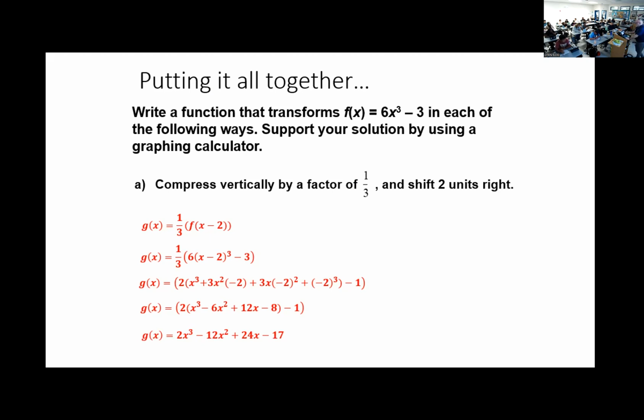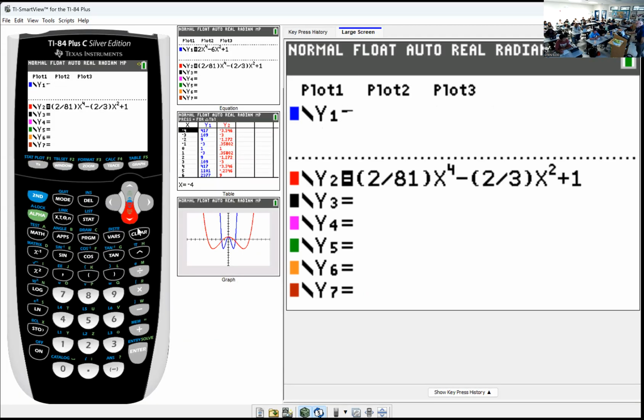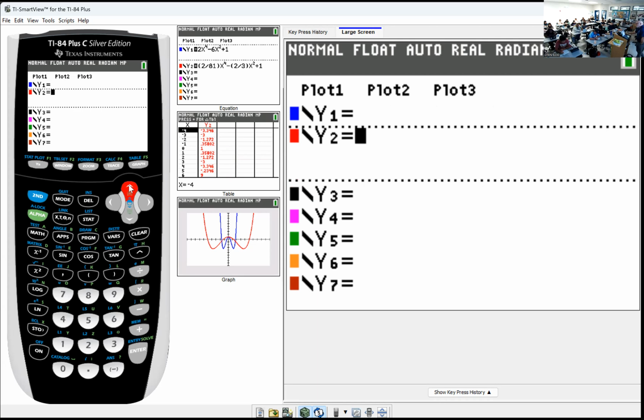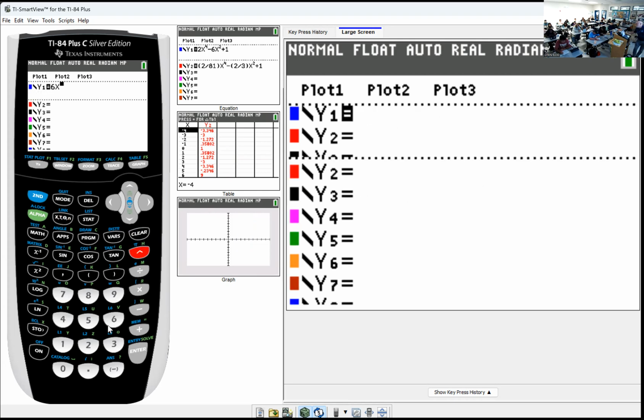So let's graph this and see what we're looking at. Let's clear these guys out. We don't need these anymore. Oh, and so I actually got 6x cubed minus 3.